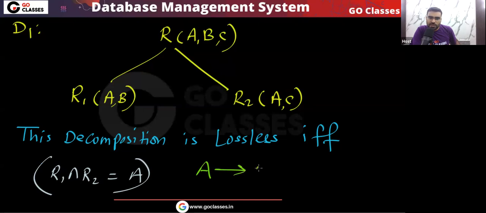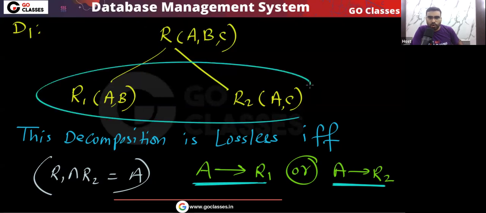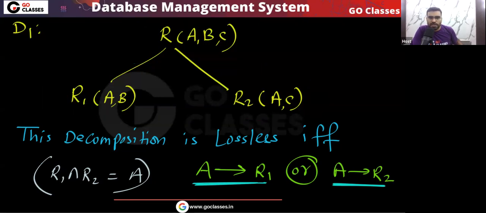Either A should determine R1 or A should determine R2. Is this clear? So A must be a super key in R1 or R2. Very simple point. Now, if A is not a super key in either R1 or R2, then this will not be lossless. Then this will be lossy.